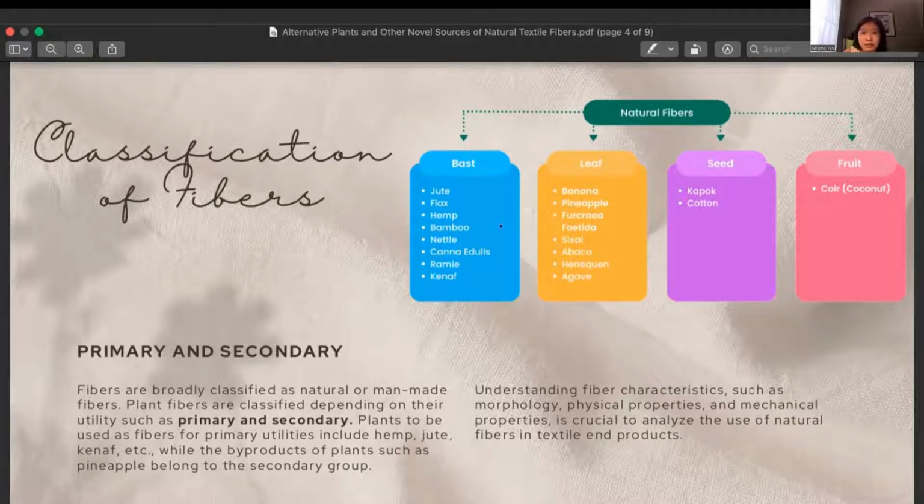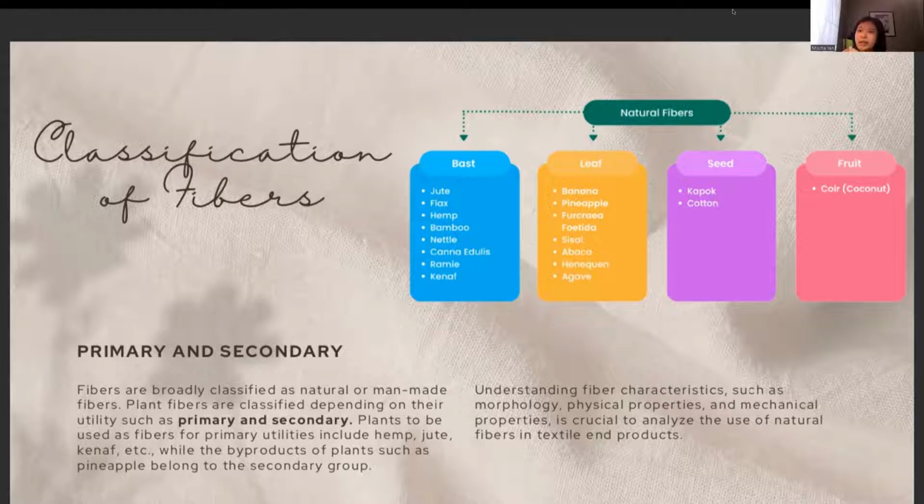As you can see from this chart that I put together, we focus on four categories of natural fibers, which are bast fibers, leaf fibers, seed fibers, and fruit fibers. Understanding these fiber characteristics is really important because different fibers are produced differently.